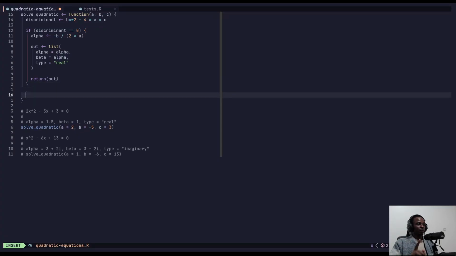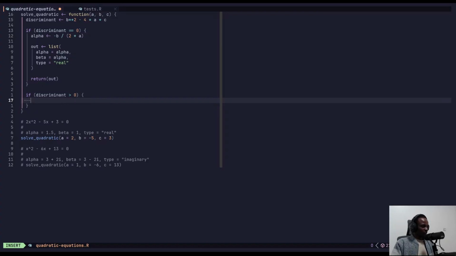Now let's talk about what if the discriminant is greater than 0. If the discriminant is greater than 0, we know that we are going to get 2 real roots. So how do you go about that? We are going to calculate some value for alpha and then for beta.